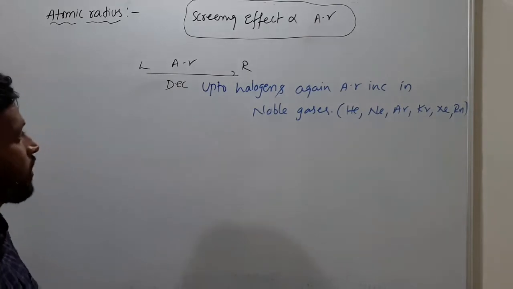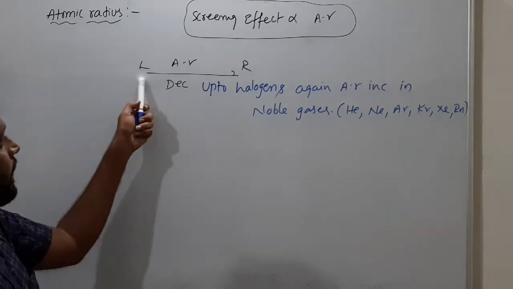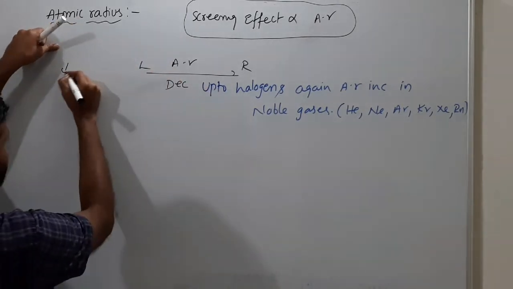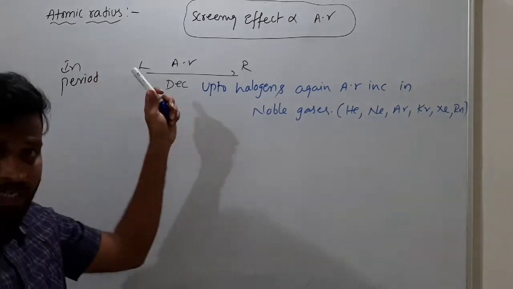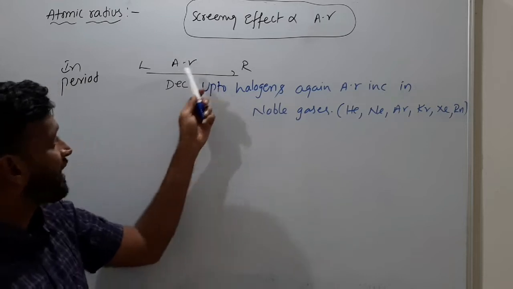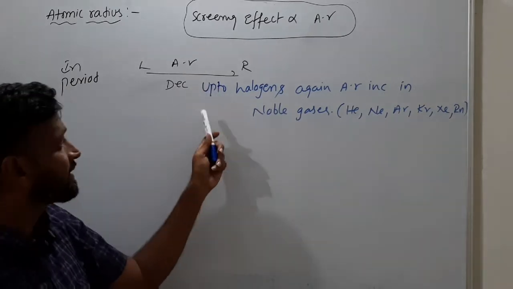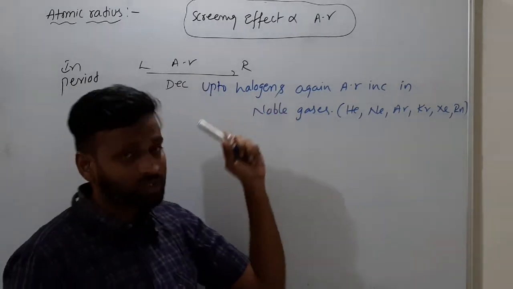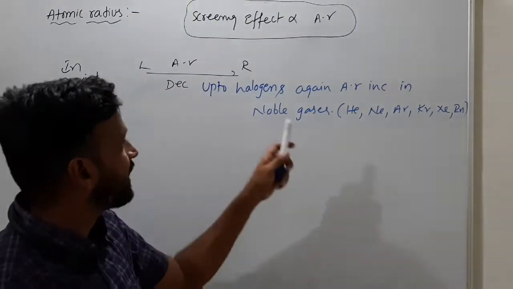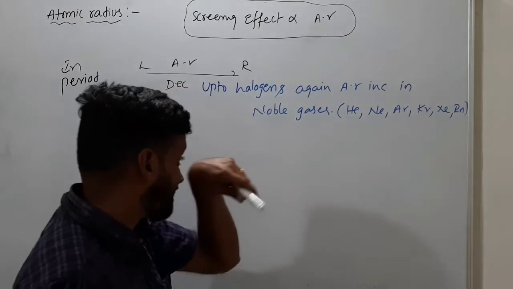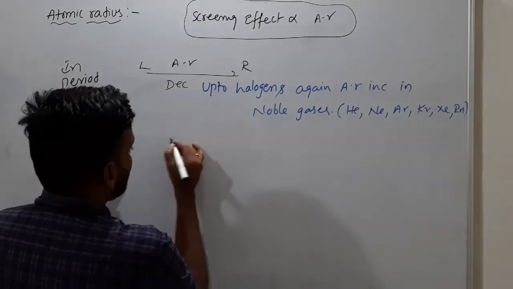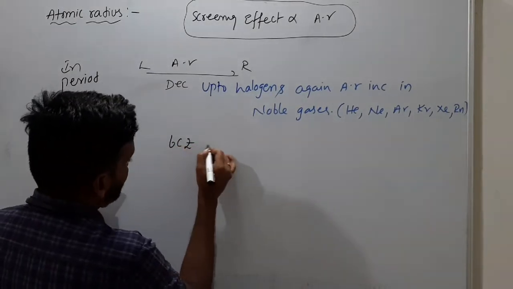Why, sir? What is the reason? In a period, left to right, atomic radius decreases up to halogens only, but from halogens to noble gases, atomic radius increases. What is the reason behind it?